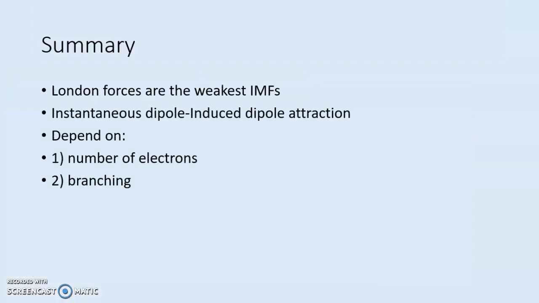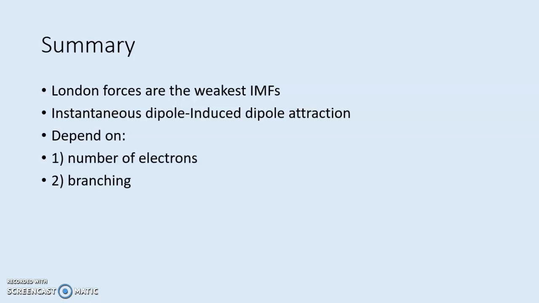So overall, what we've looked into is that the London force is a very weak intermolecular force of attraction. It's the force of attraction between the instantaneous dipole formed in one molecule, which induces a dipole on the neighboring molecule or atom, and it's the force of attraction between these two dipoles that is the London force.